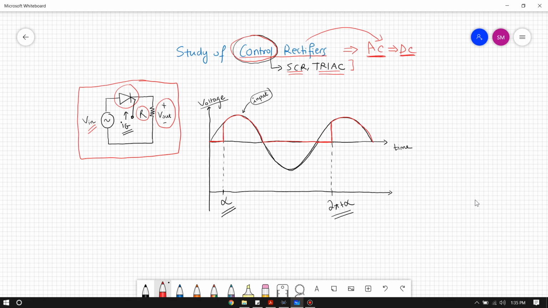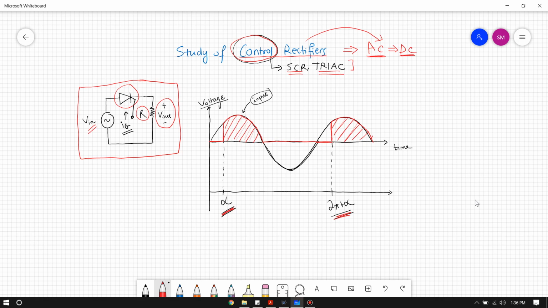Now, the reason we're calling it control is because we control the time when we supply the gate pulse, so we can control how much area will be under the voltage curve, right? This corresponds to our average voltage value. So what I mean is, if we supply the pulse at this instance, we will get an output like this, and this will be the area under the voltage curve, or our average voltage.